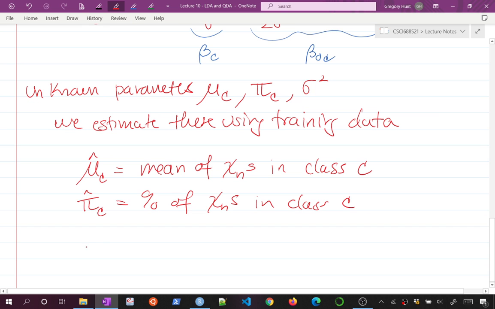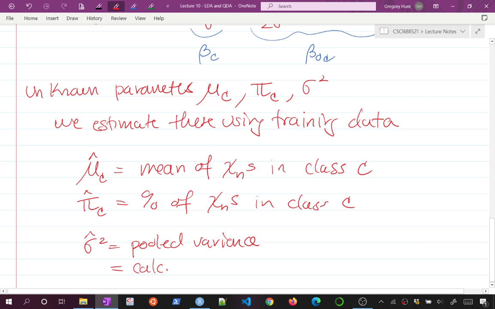And sigma squared hat is the so-called pooled variance, which is a fancy way of saying it's a weighted average. We calculate the variance separately.